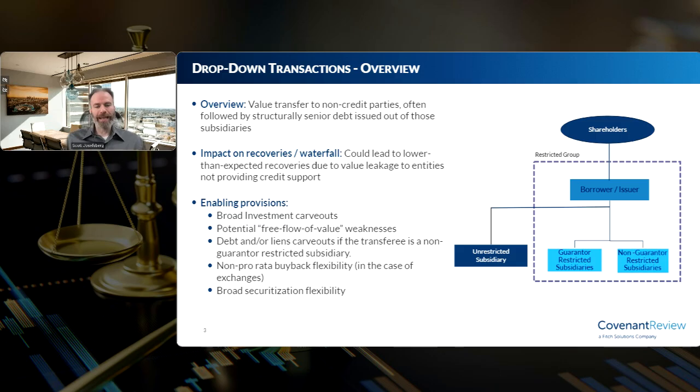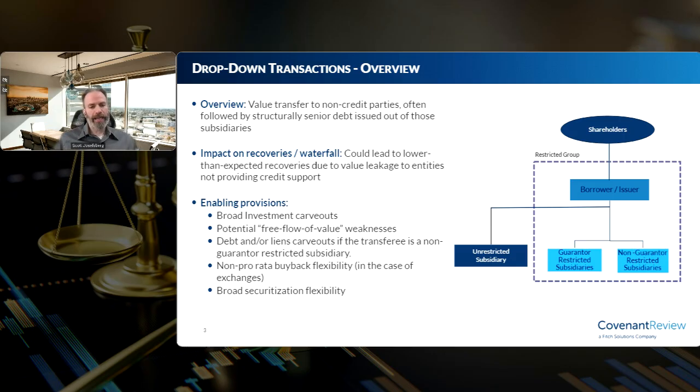The real enabling provision for these kinds of drop-down transactions is the scope of investment capacity. When we talk about investment capacity today, that's really just code or lingo for diverting assets to unrestricted subs. That's not the way it's always been, right? J.Crew and drop-down transactions really were not enabled because things in documents changed necessarily.